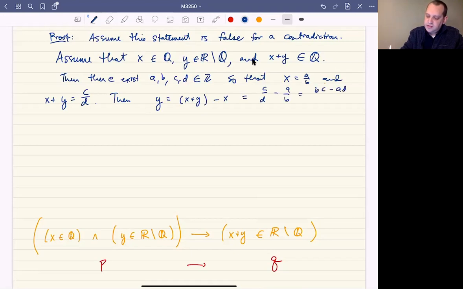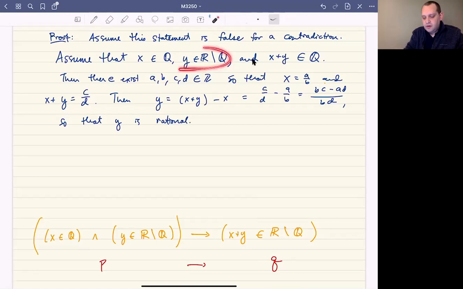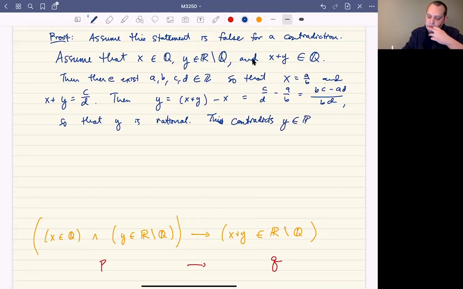This is bc minus ad over bd. So y is rational. But that's a contradiction because we assumed y was irrational. So this contradicts our assumption that y was irrational.